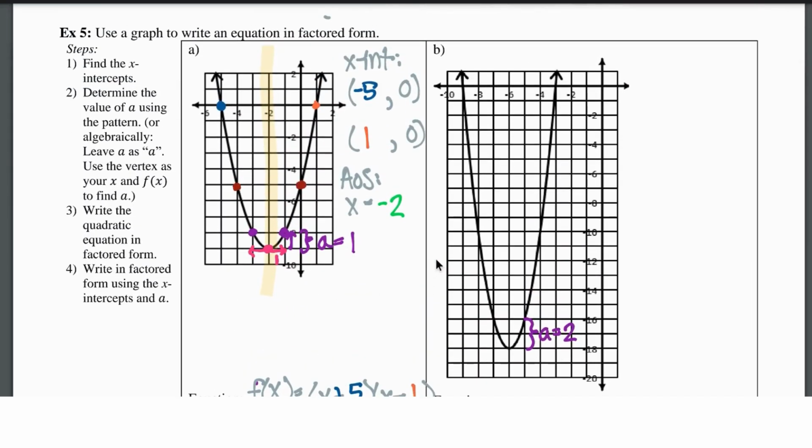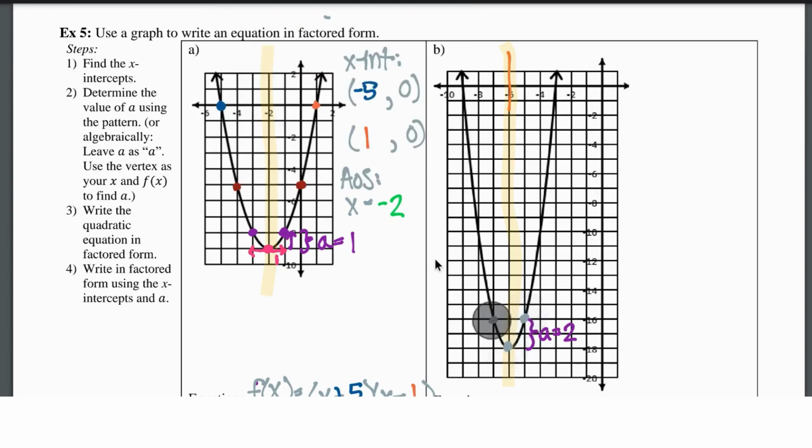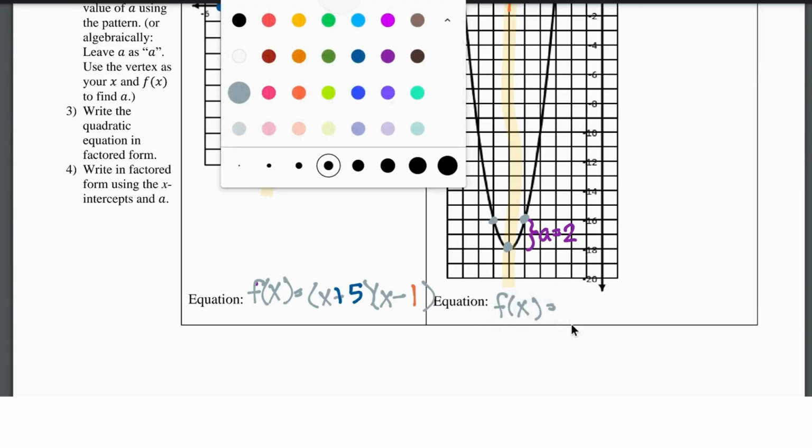For this next graph, I didn't highlight the axis of symmetry, but we looked at the vertex to the next point. So we can see where our vertex is, and at the next y value, we went from negative 18 up to negative 16. So that told us that for our equation, our a value is positive 2.